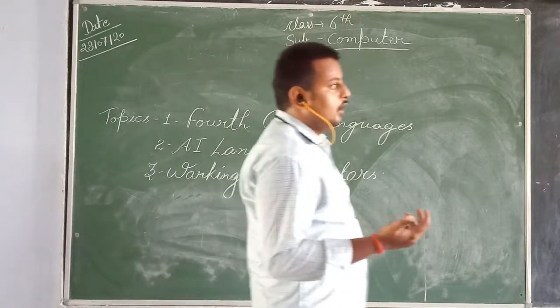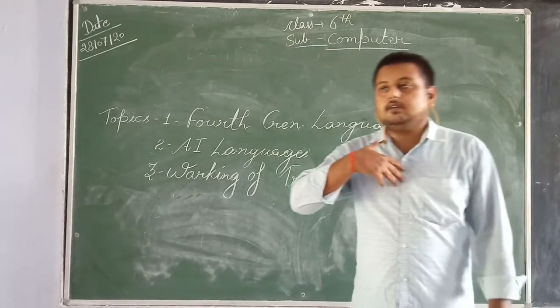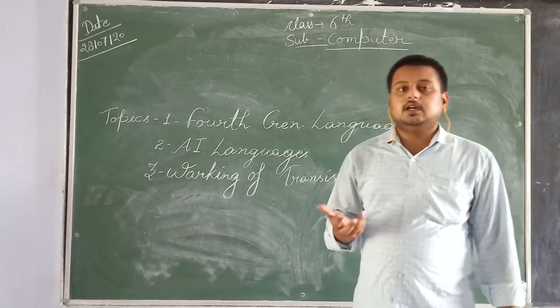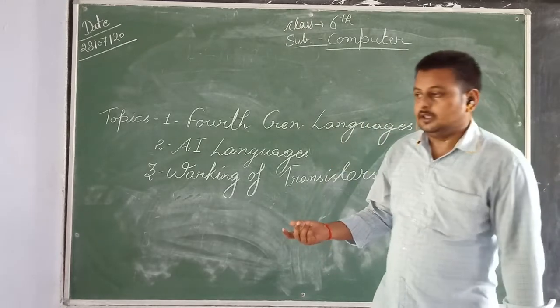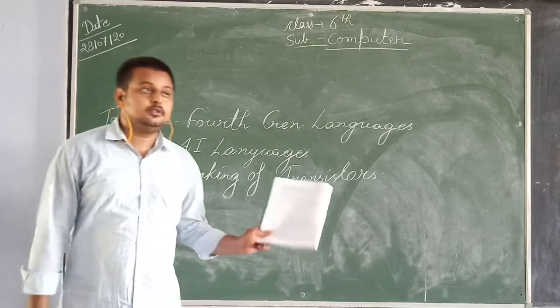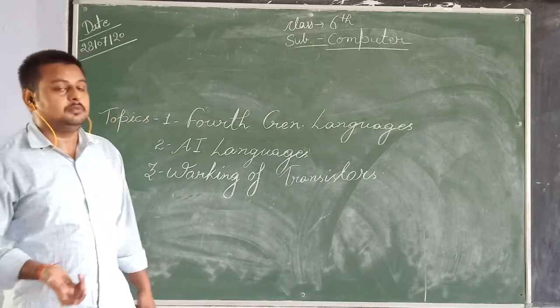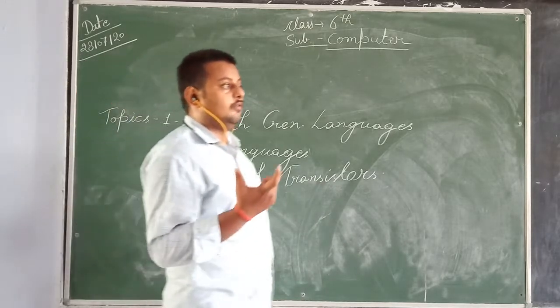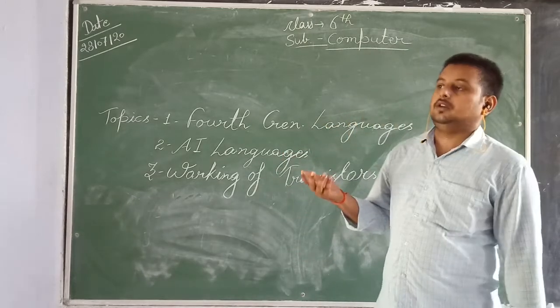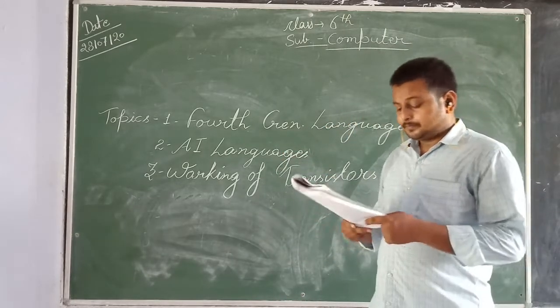Whatever we need to do, the machine will do as per your requirement. The fifth generation of AI language is just like the AI features in your smartphones, laptops, and PCs.